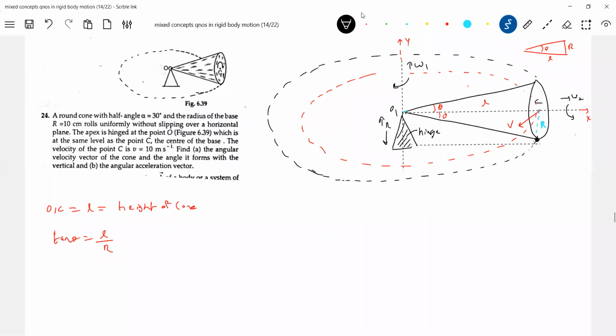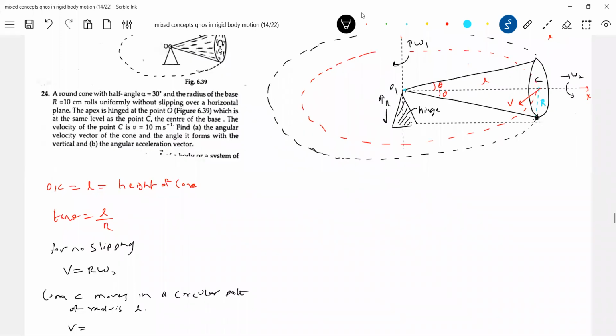The very first idea: for no slipping, we can write V equals R omega 2. Then it is also rotating about the y-axis, so V will be the tangential velocity. The center of mass C moves in a circular path of radius L. Therefore, V is equal to L omega 1.